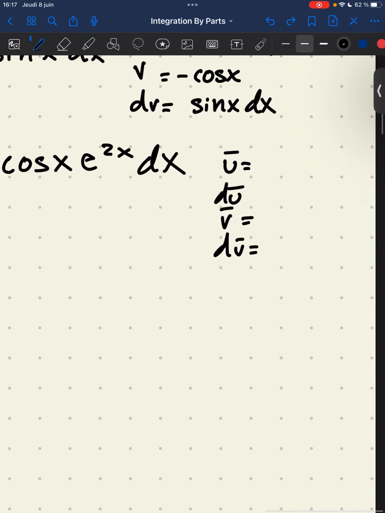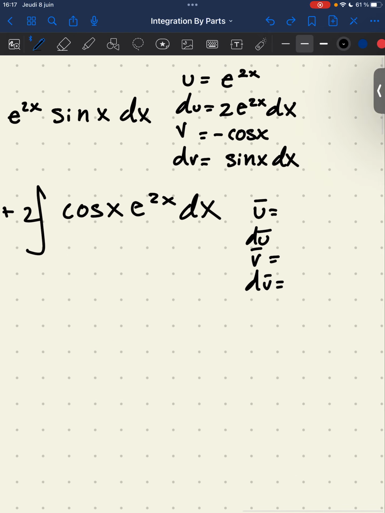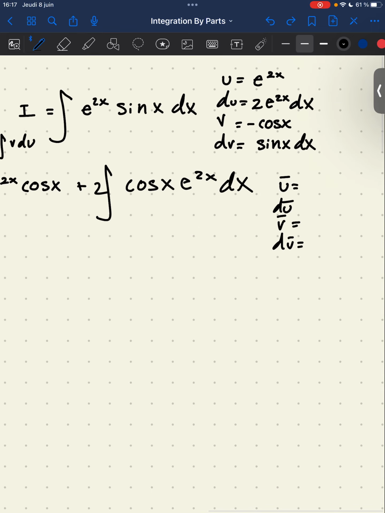So what should we use for a u bar? What you want to do is keep it consistent with the original one, because it'll make it a lot easier to keep track of, and that way you don't just keep going in circles trying to do integration by parts several times more than you actually have to.